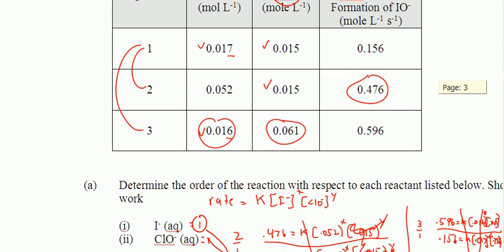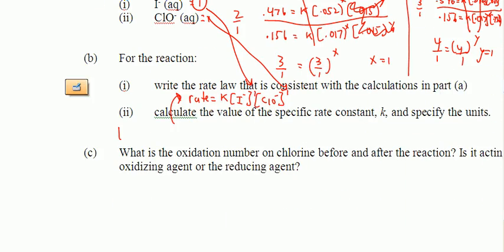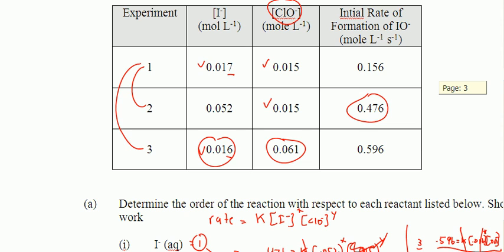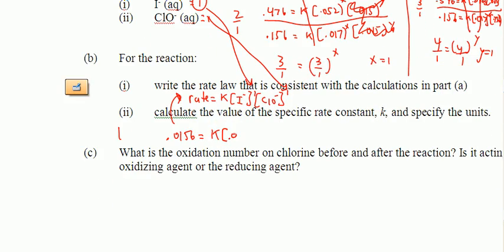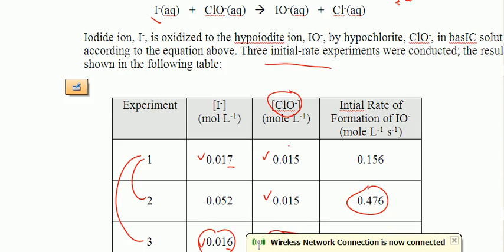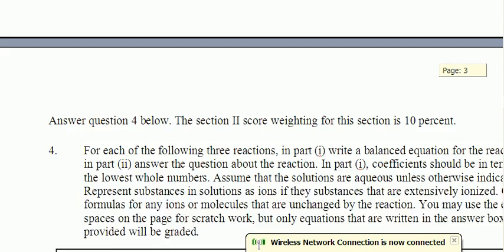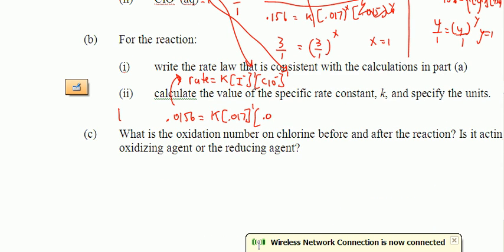So for 1, rate 0.156 is equal to k multiplied by 0.017 raised to the first power multiplied by 0.015 raised to the first power.